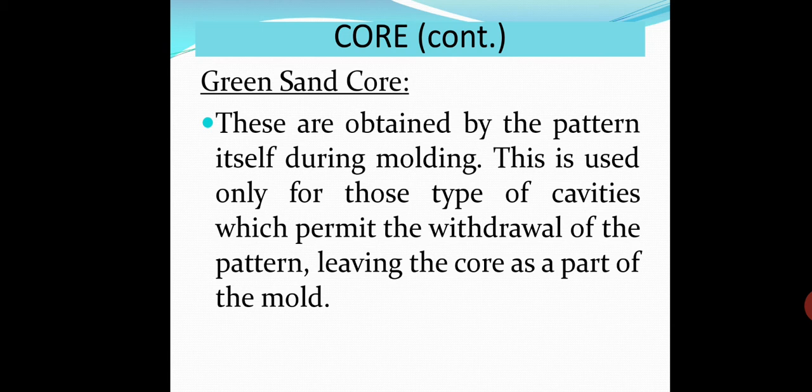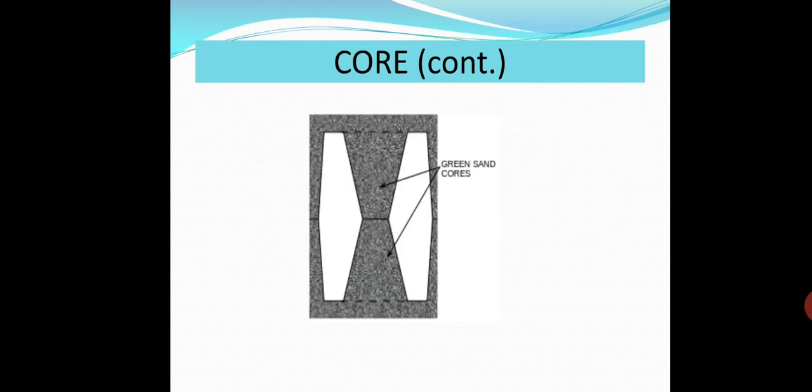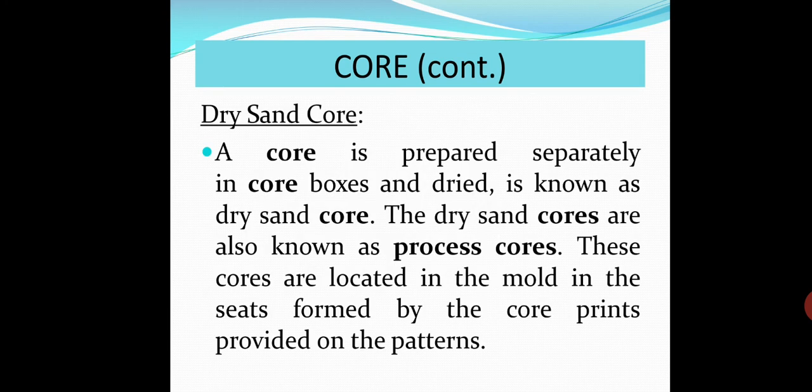This is used only for those types of cavities which permit the withdrawal of the pattern, leaving the core as a part of the mold. So during molding, the core itself is prepared. The pattern is withdrawn, leaving the core inside the mold. So this is the green sand core.